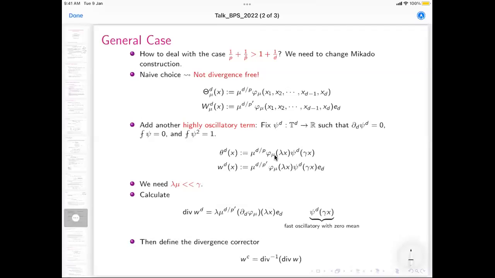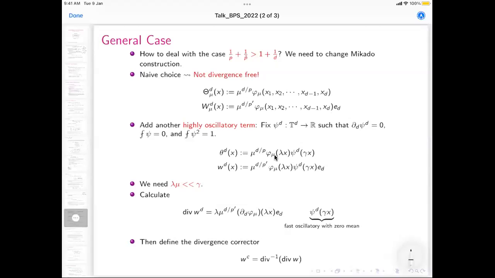And the idea is that you use a very fast oscillation gamma. So I take a function which depends on d minus 1 coordinates. I'm just giving details for the direction d.